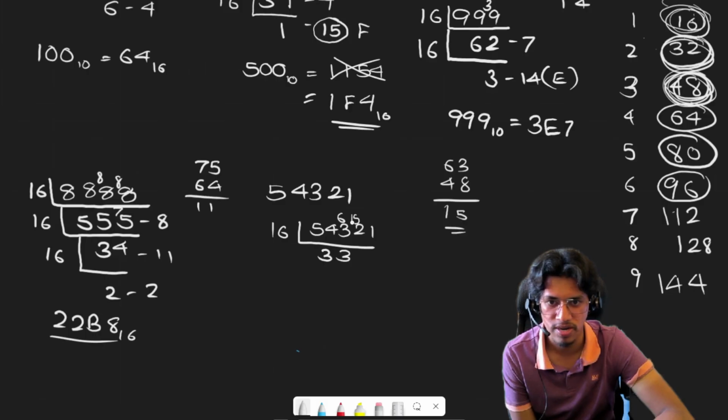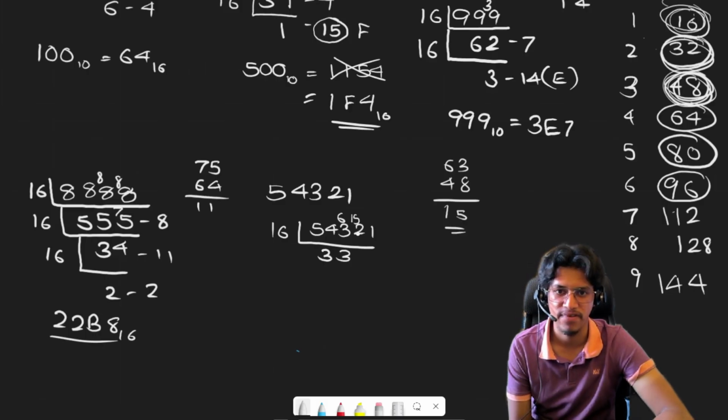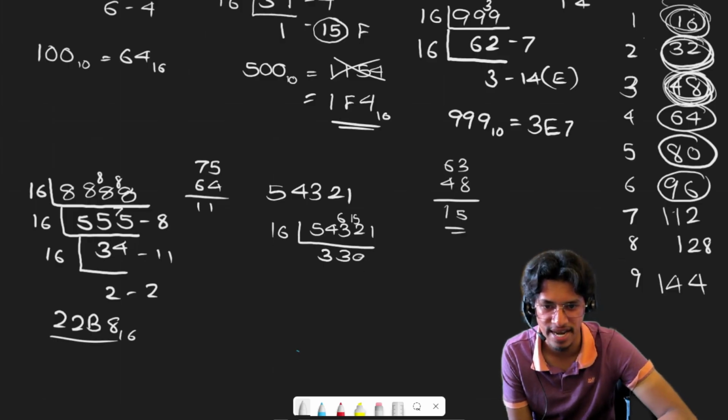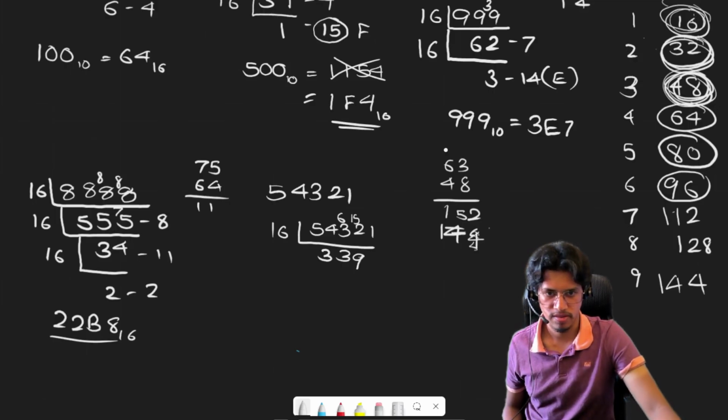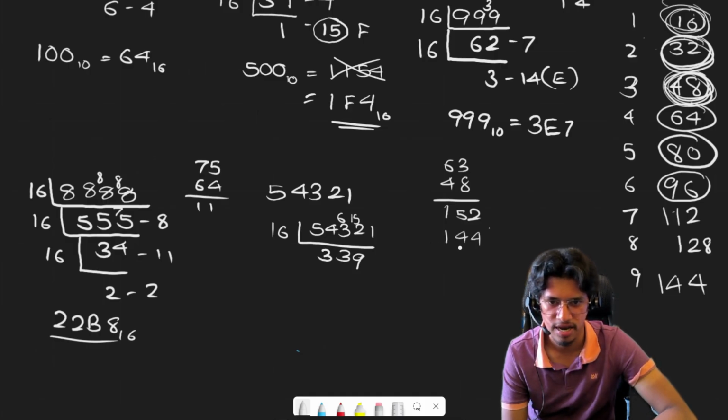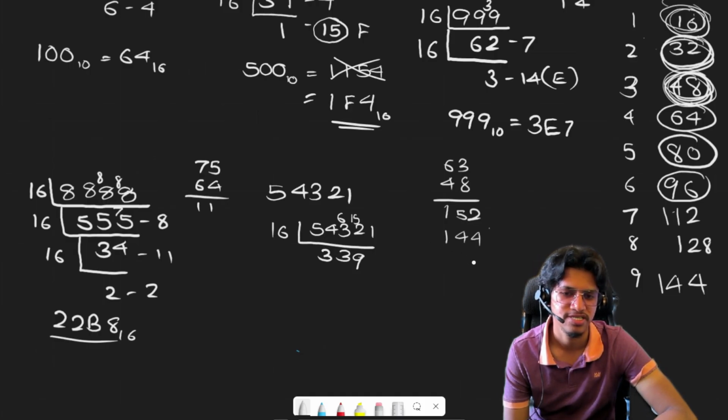So here 152, the closest value is 144. So we get 9 here, right? 152 minus 144 we get 8, right?